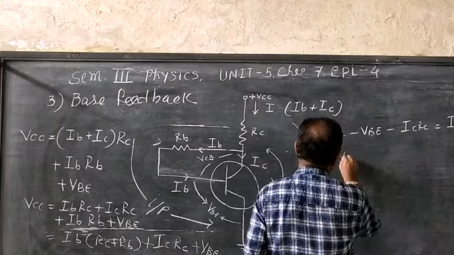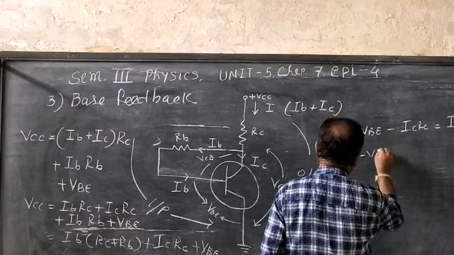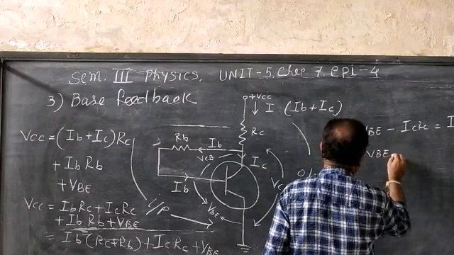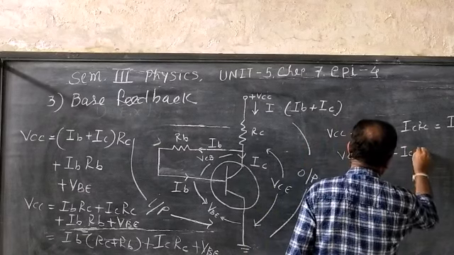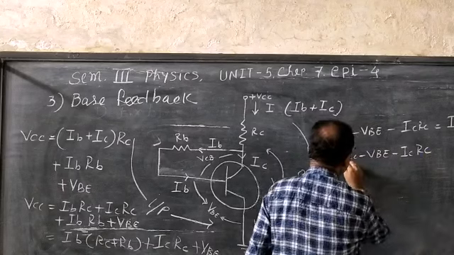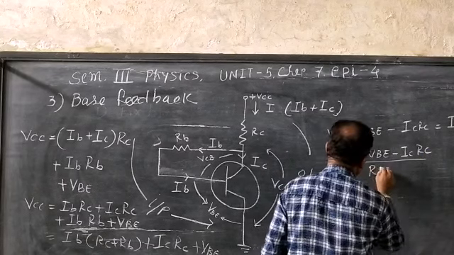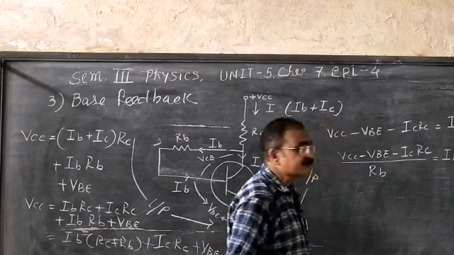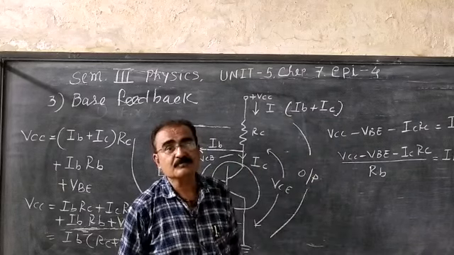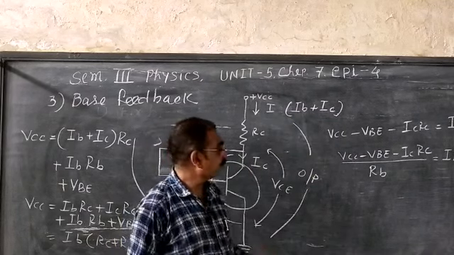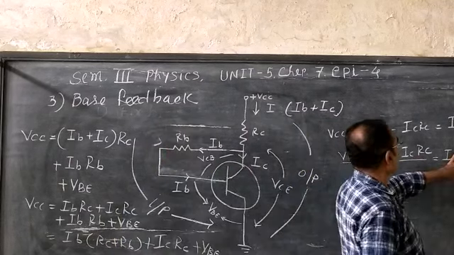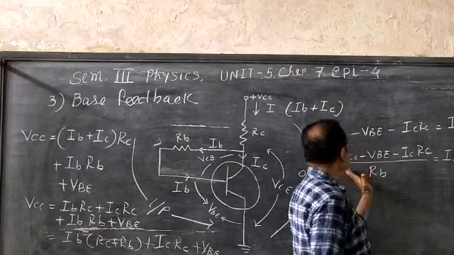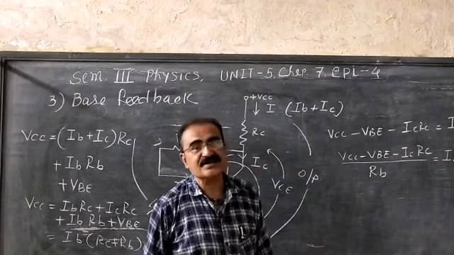And VCC minus VBE minus IC RC, divided by RB, is equal to IB. So you can choose your base current. Or suppose we choose RB, then RB will be VCC minus VBE minus IC RC divided by IB.